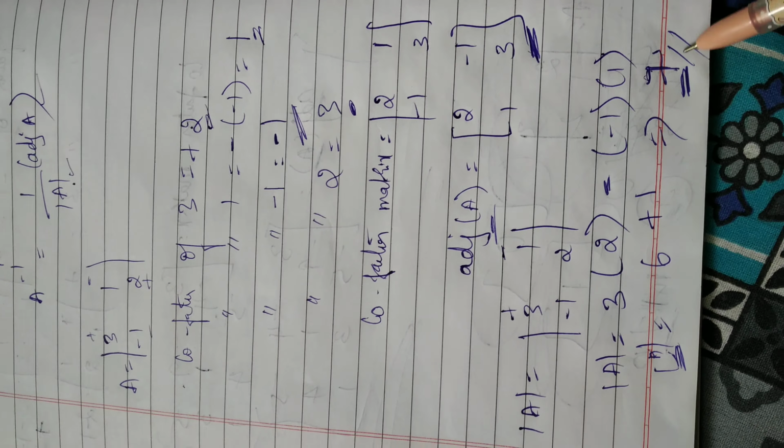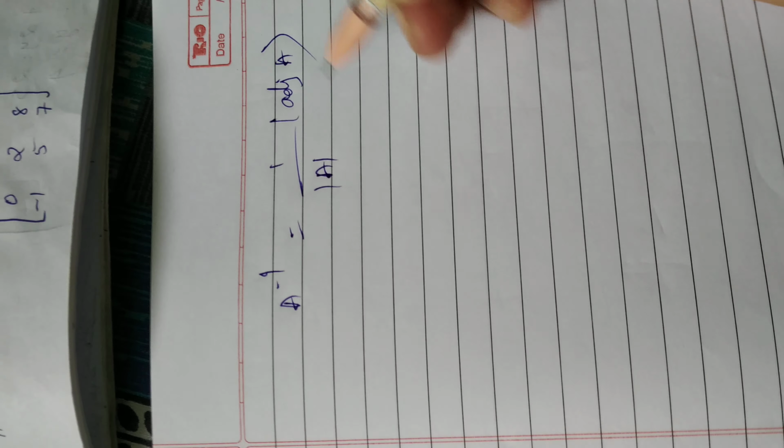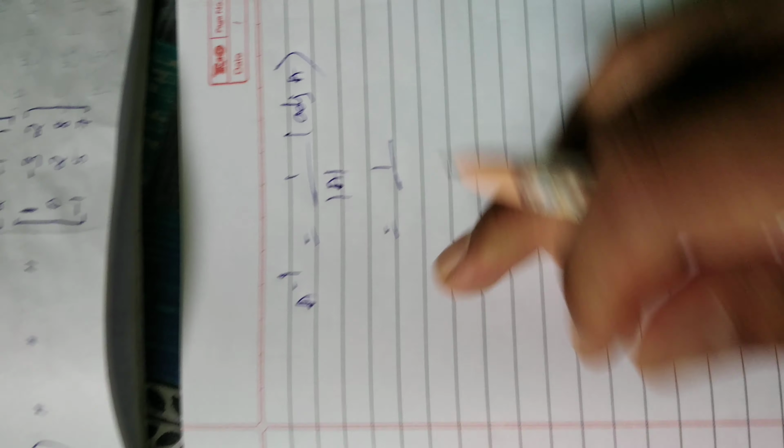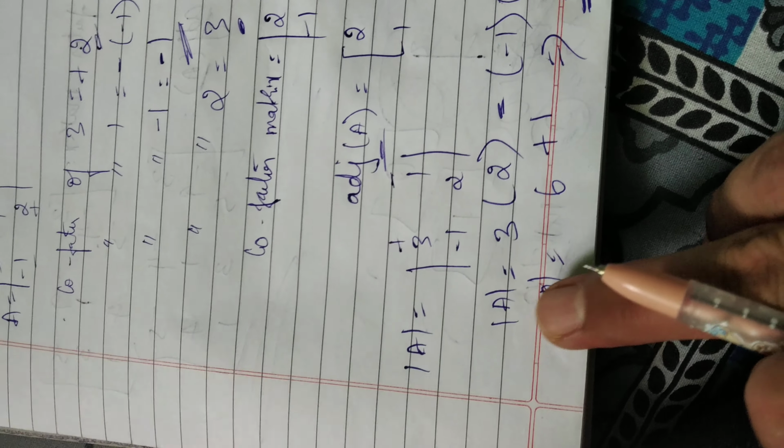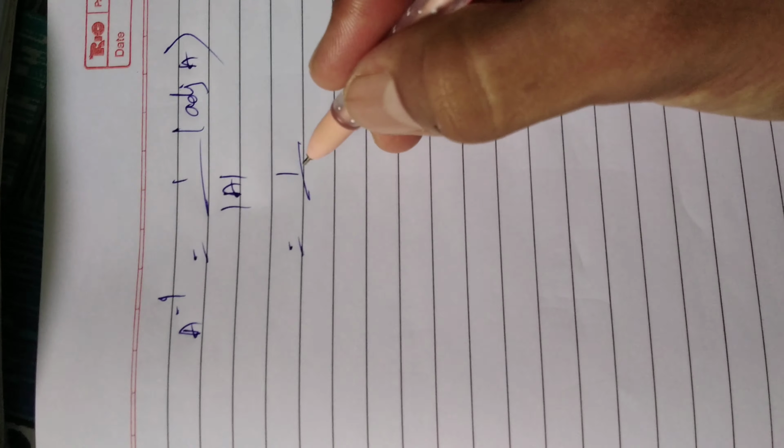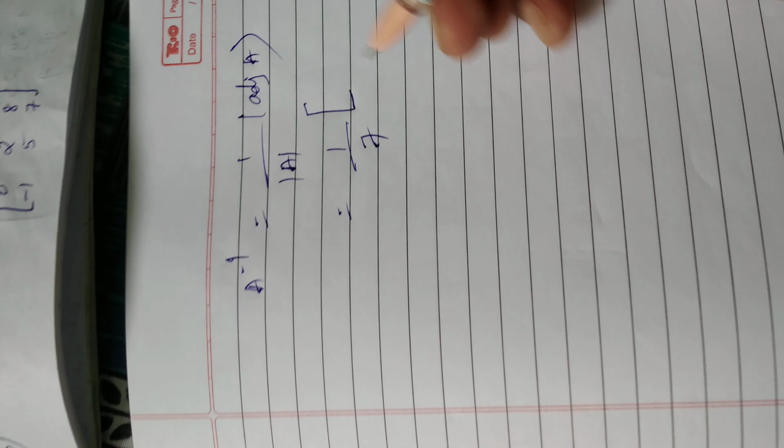A inverse is given by 1 upon determinant A into adjoint A. The determinant A we got as 7, and the adjoint A is 2, minus 1, 1 and 3, the matrix which we have got. Finally, A inverse will be 2, minus 1, 1, 3 whole divided by 7.